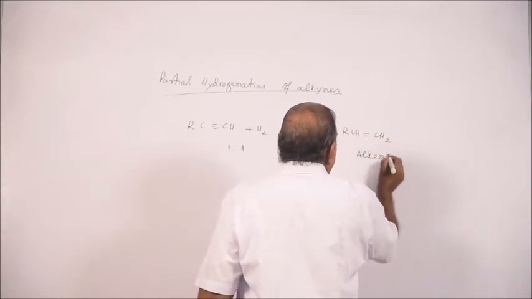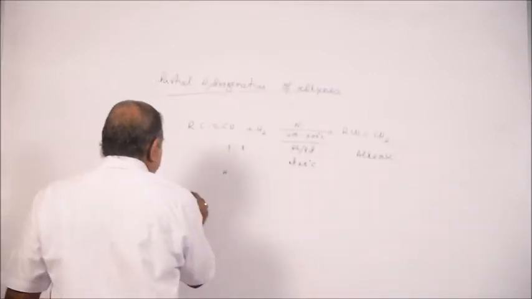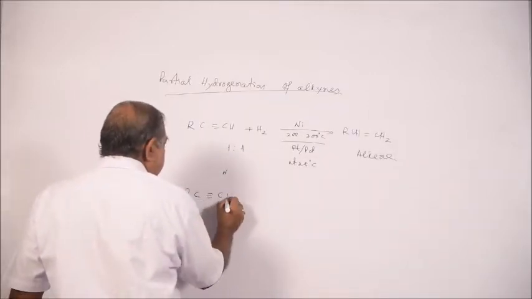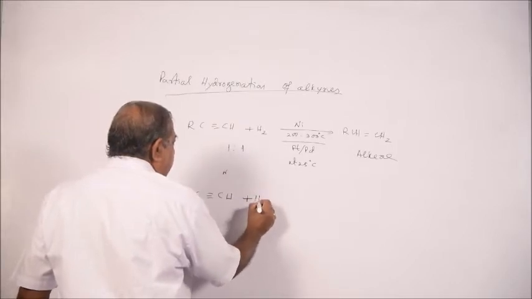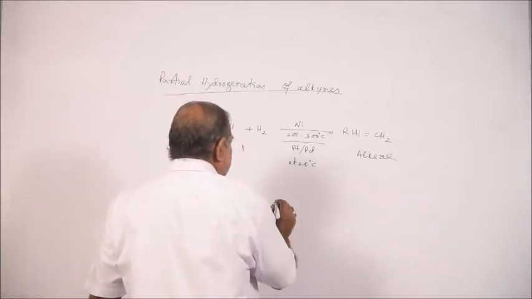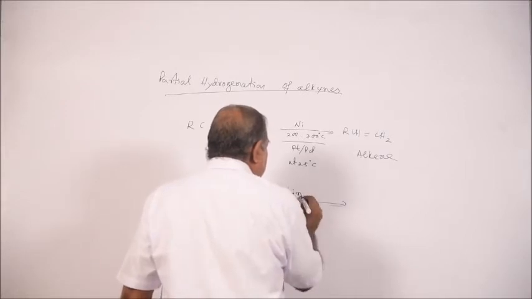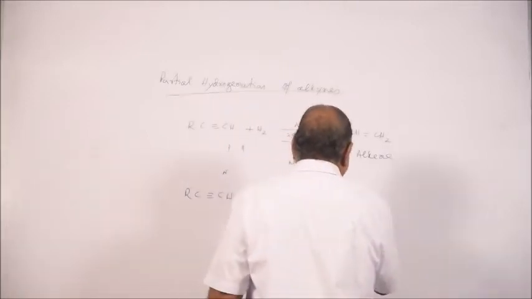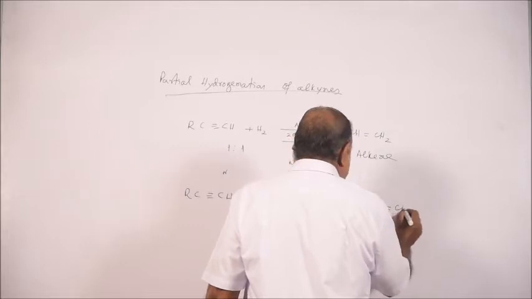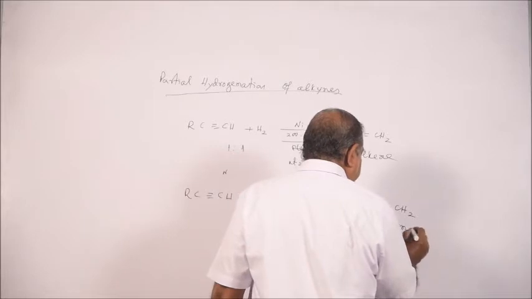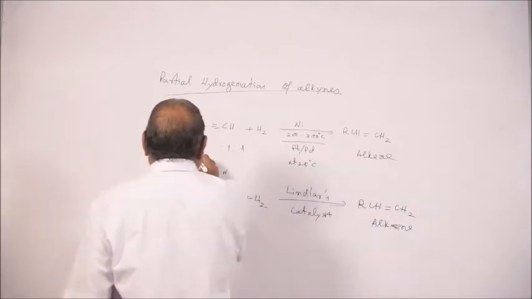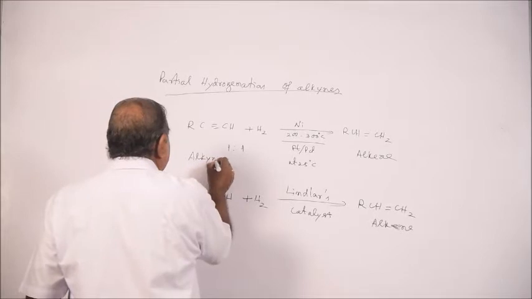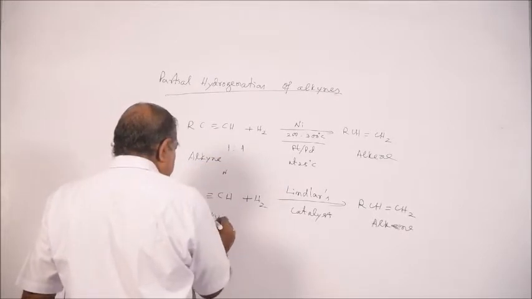So it will form an alkene. Or another method, when you take excess hydrogen, you use Lindlar's catalyst. I will tell you what Lindlar catalyst is. Here the reaction will take place in only one step, when you will get alkene. So there are two methods.